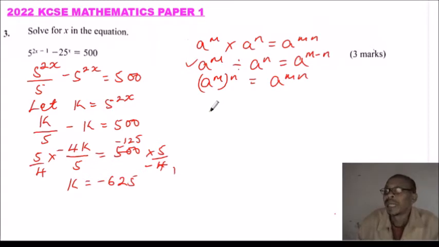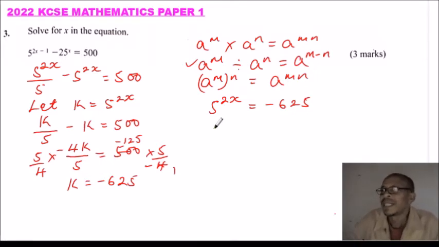But we know our k is the same as 5 to power 2x, so 5 to power 2x is equal to minus 625.